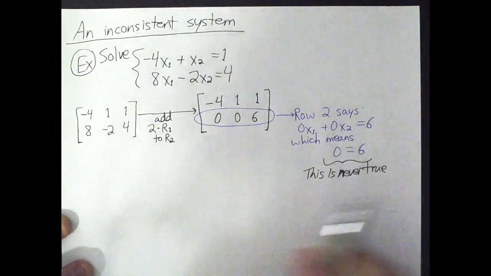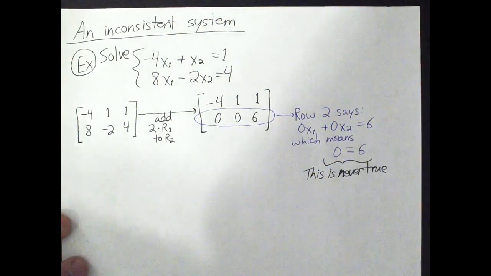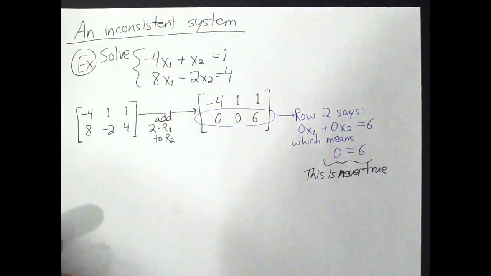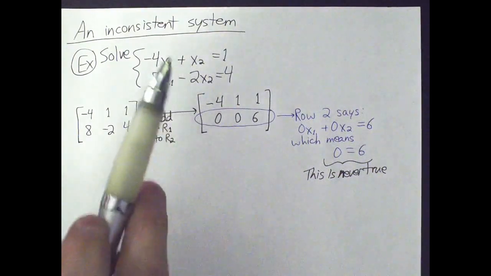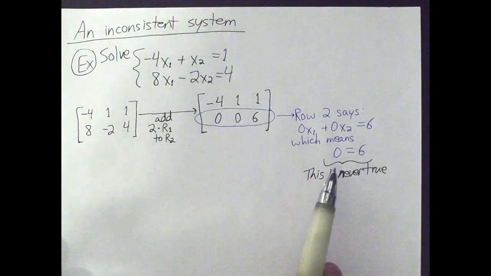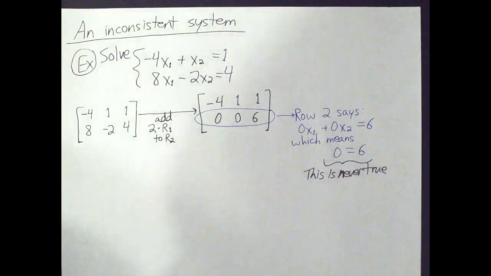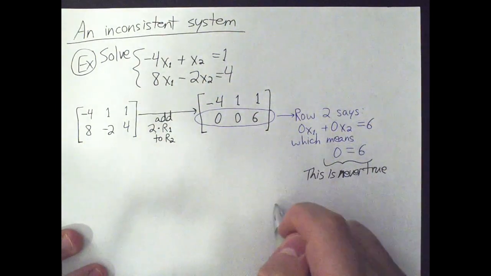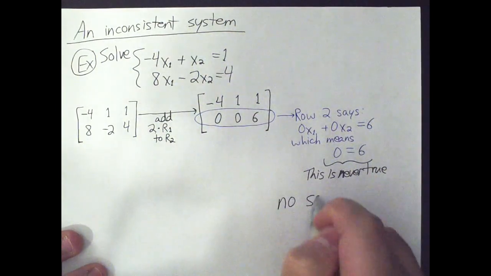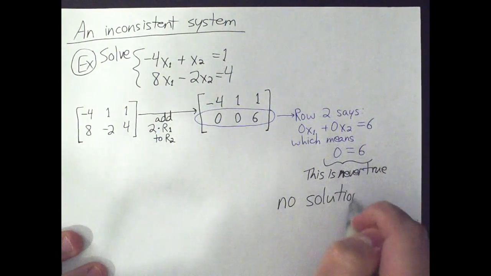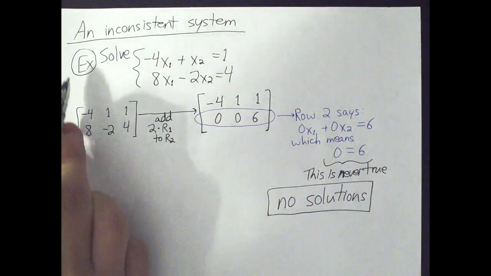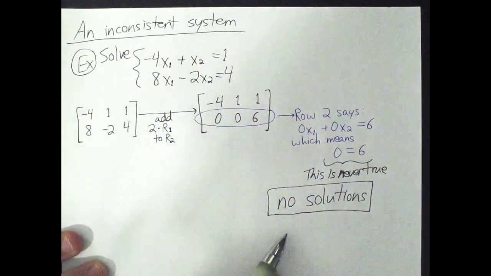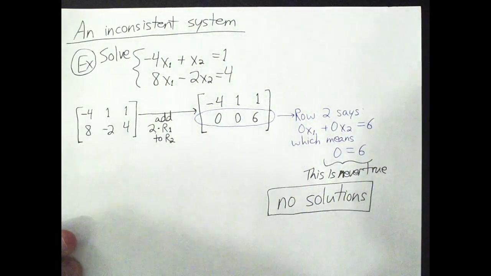That got a little messy there, but what I mean is there is no value of x1 and there is no value of x2 that will ever make this true. So we've hit a dead end and we say no solutions. That is the answer to this. The problem said solve. The answer is there are no solutions.